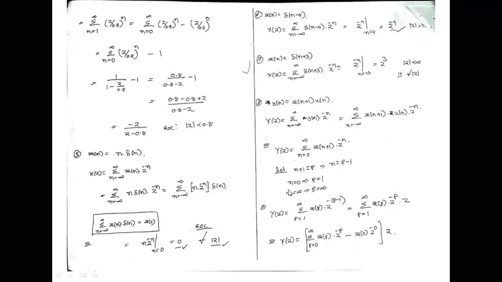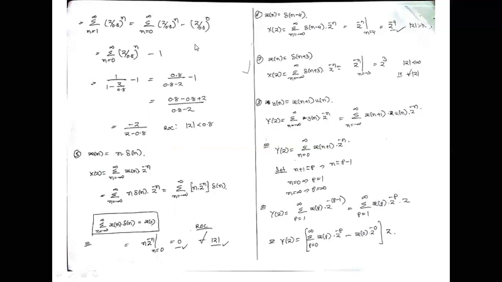You see here, the function is the sum over p equal to 1 to infinity of x of p z power minus p minus 1, and that is equal to the sum over p equal to 1 to infinity of x of p z power minus p, times z. Now I am subtracting x of 0 z power minus 0. So z into x of 0 is also subtracted. Got it, my dear students?